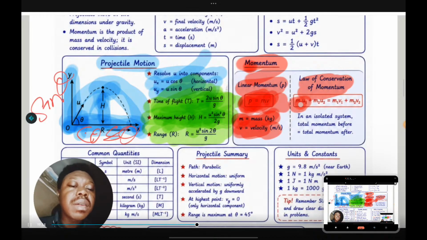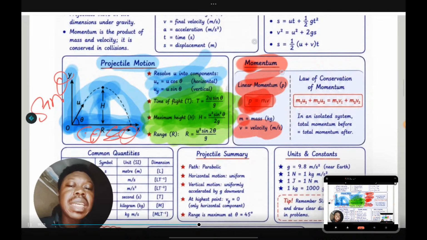Then we have the law of conservation of momentum. You have initial momentum for the first body and initial momentum for the second body. This is final momentum for the first body, and this is final momentum for the second body. Take note of all this.